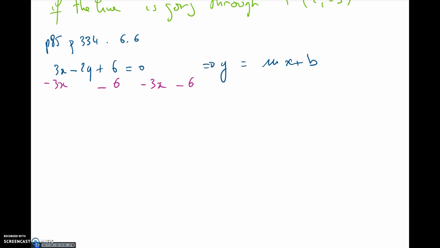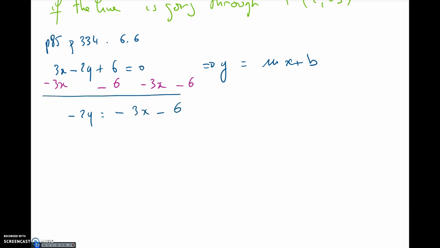To get rid of plus 6, I need to subtract 6. If you had minus 6, you would add 6. Then you are at -2y equals -3x, -6.